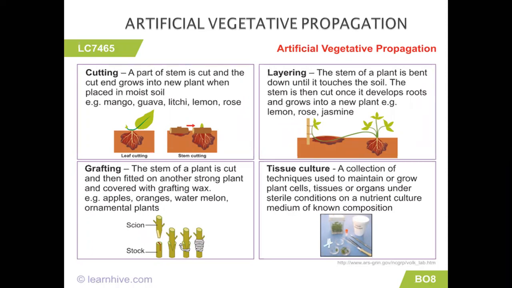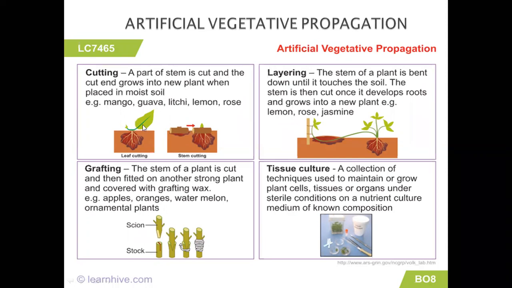What is cutting? What happens in cutting is that you can see this is a leaf. We have cut this leaf and we place this leaf in a new place, right? And here it will grow. A part of the stem is cut and the cut end grows into a new plant when placed in moist soil.